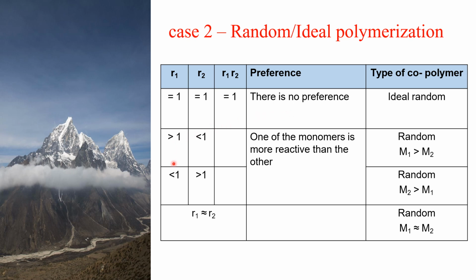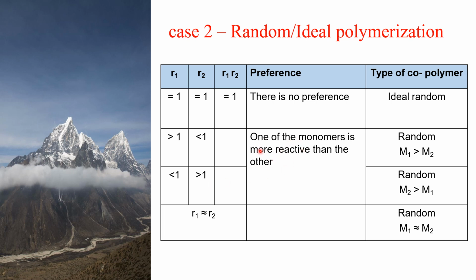But in the case where R1 is more than 1 but R2 is less than 1, or the reverse, R1 less than 1 and R2 more than 1, in both cases one of the monomers is more reactive than the other. If R1 is more than 1, then monomer 1 will be more in the polymer backbone, because it is more reactive and its composition will be higher. But if R2 is more than 1, then we can expect that M2 will be more in the polymer chain, so monomer 2 will be more reactive.